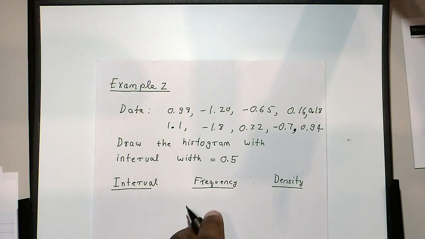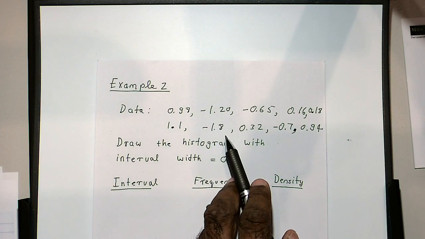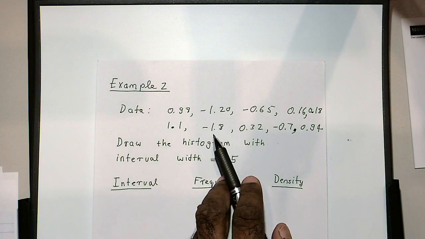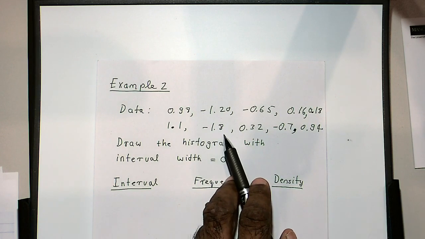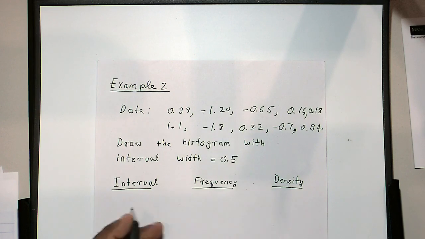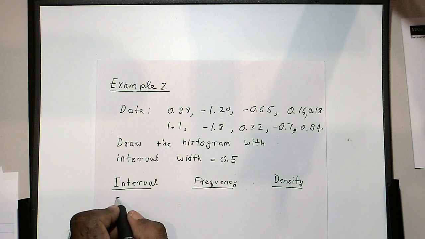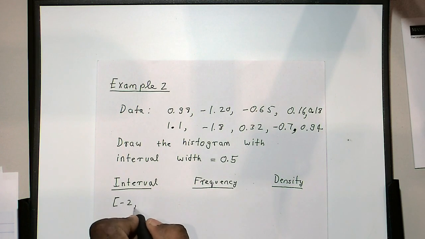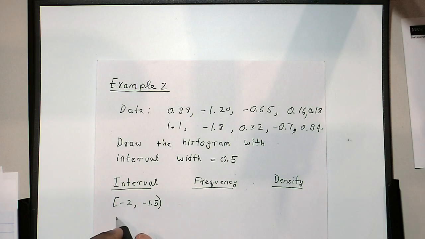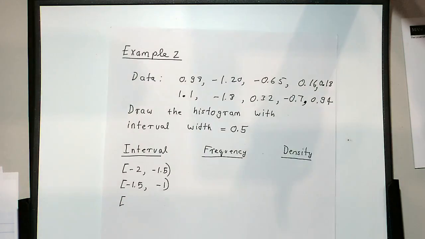So the smallest data point here is minus 1.8, right? Okay, so it's okay to have an interval starting from, say, -2 and going. So the first interval will be from -2 to -1.5, then -1.5 to -1. So it's closed on one side and open on the other side, right?